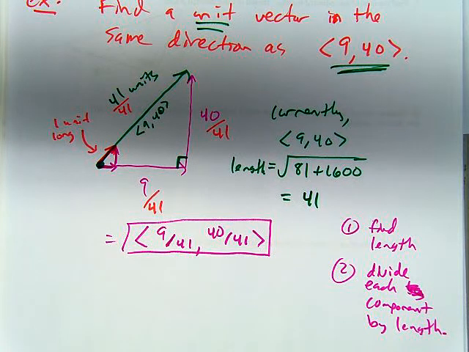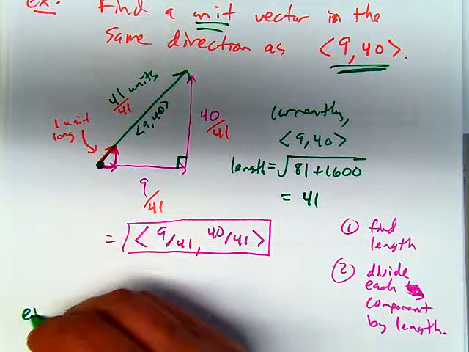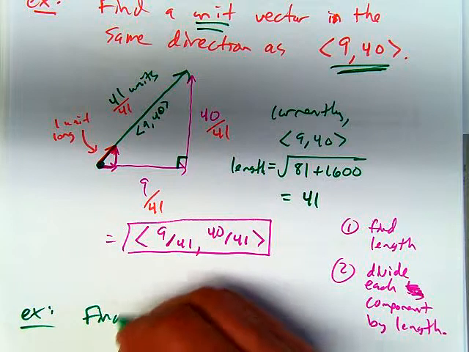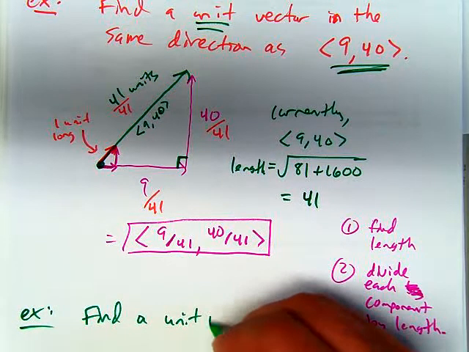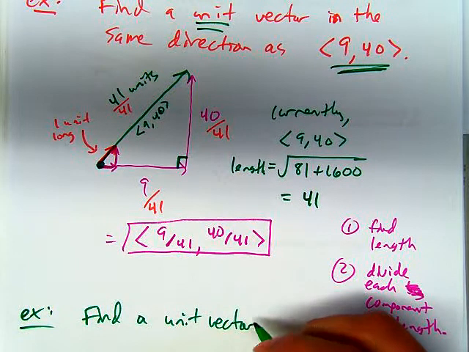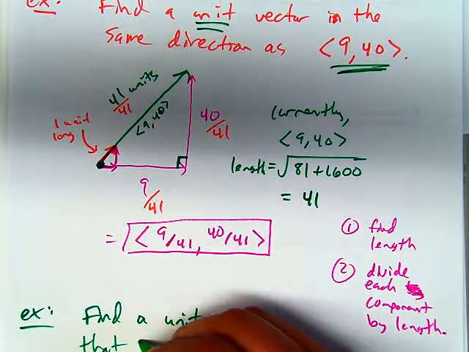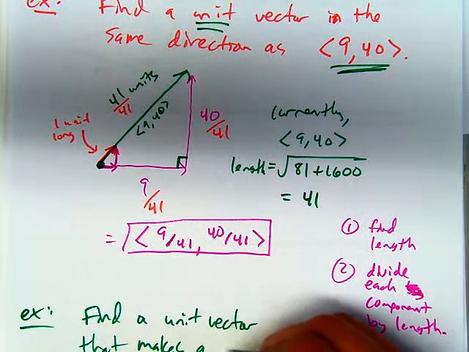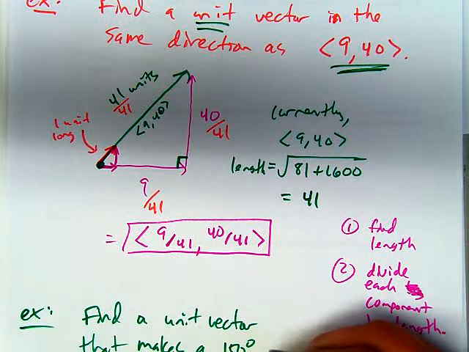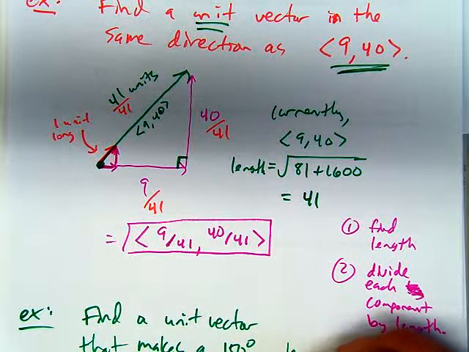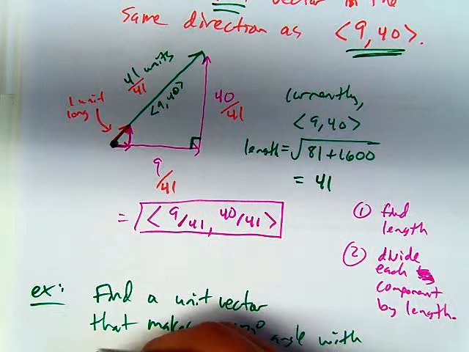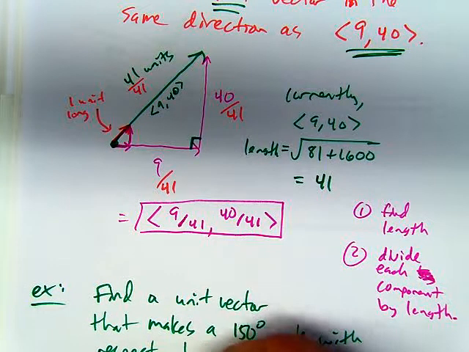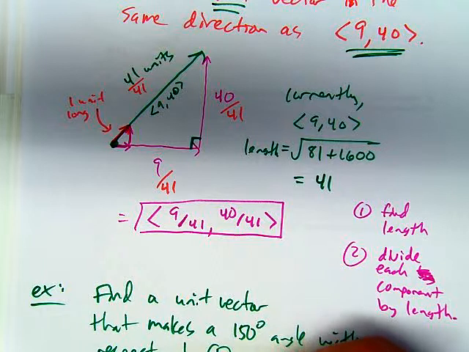Last problem. Find a unit vector that makes a 150-degree angle with respect to the positive x-axis.